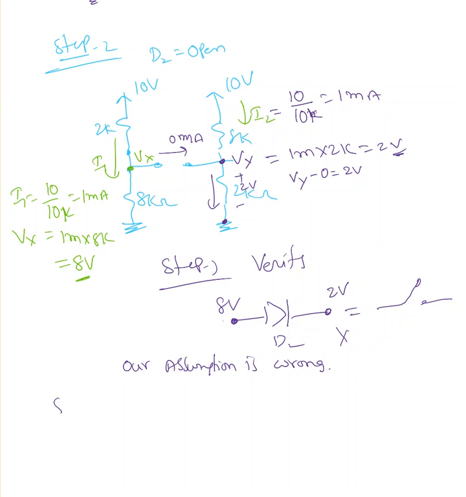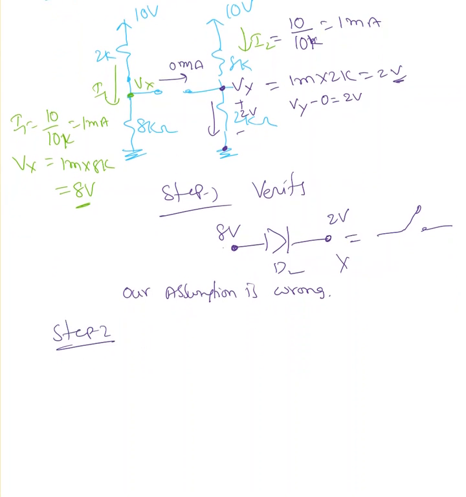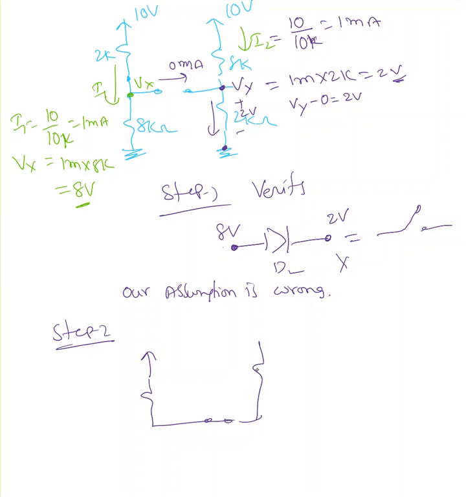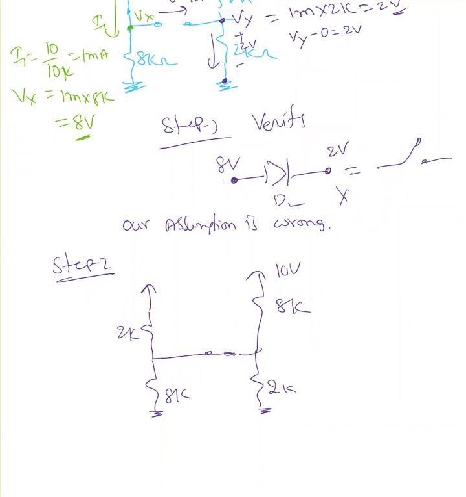Now I'm going to repeat step 2 again. This time I'm going to assume the diode is going to act like a closed switch. 10 volt, 8K, 2K, 8K, and 2K. Since it is acting like a closed switch, the voltage at this point must be the same.